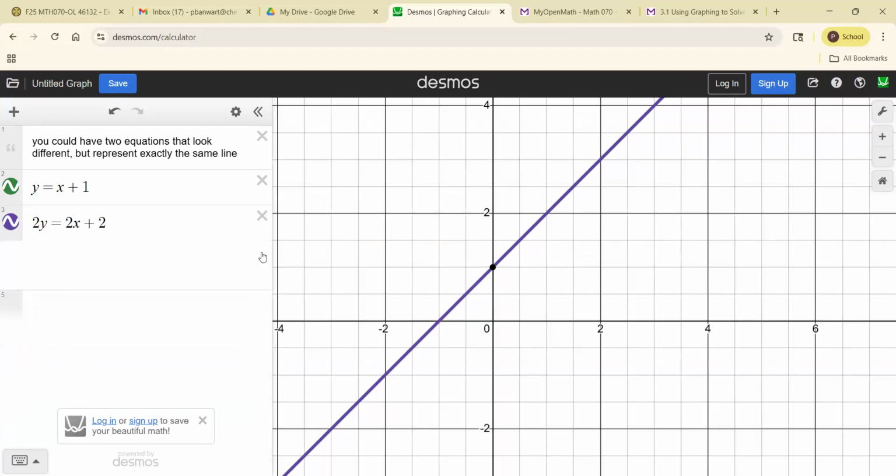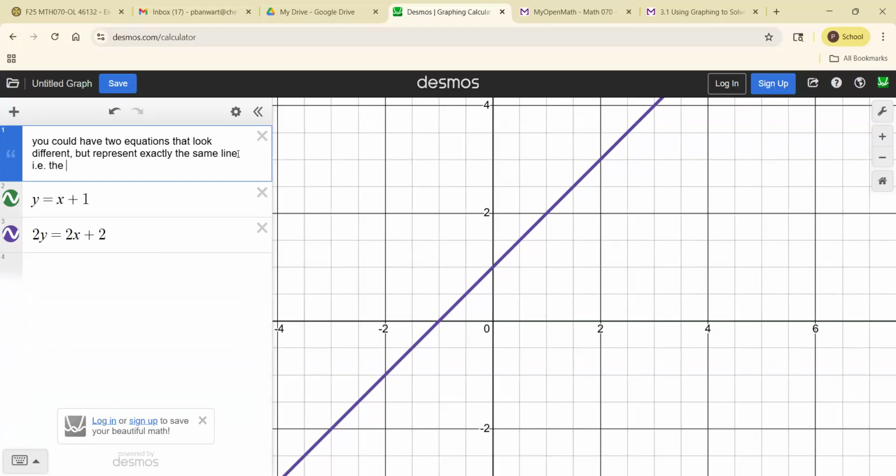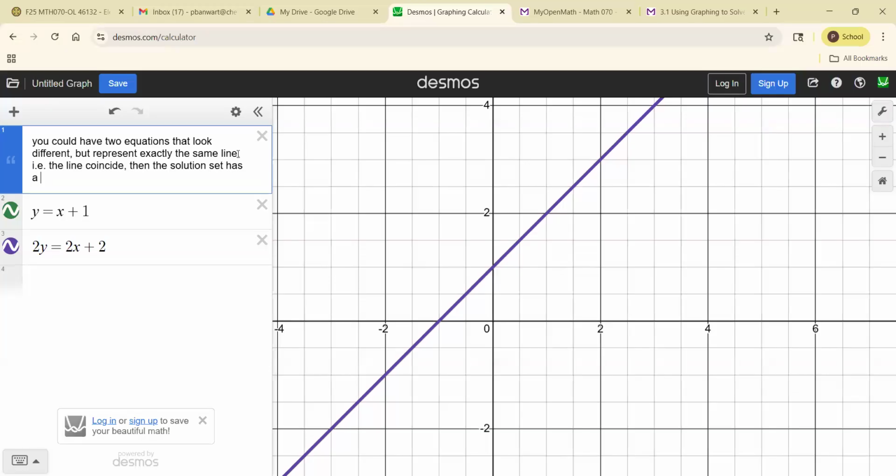So if you have two equations that look different but represent exactly the same line, i.e. the lines coincide, then the solution set has an infinite number of solutions in it.